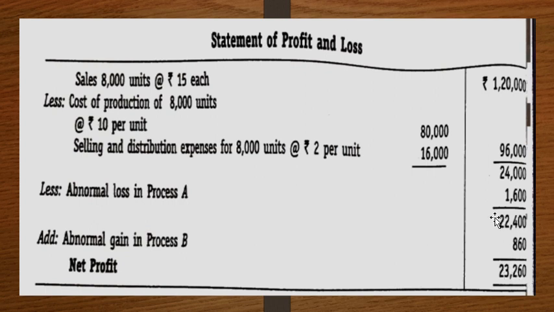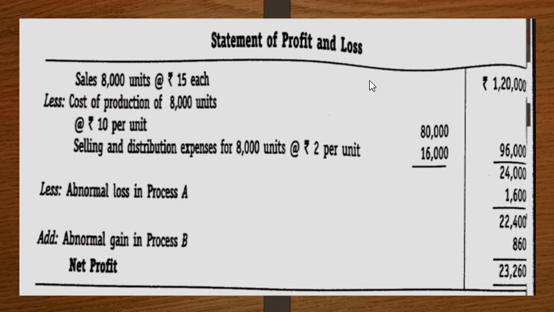When you deduct your total cost from the other incomes, the profit you get for the goods you have sold is 23,260. So you have got a profit for this particular sale that you have made. So the net profit is 23,260.